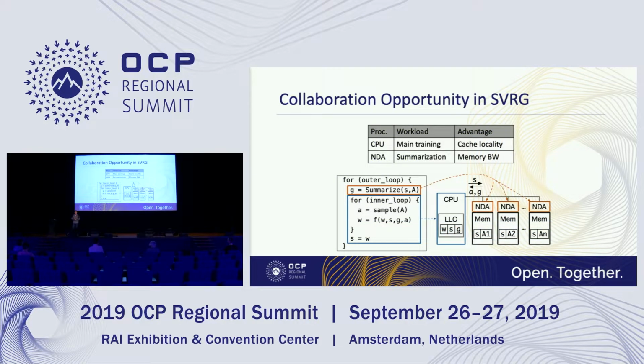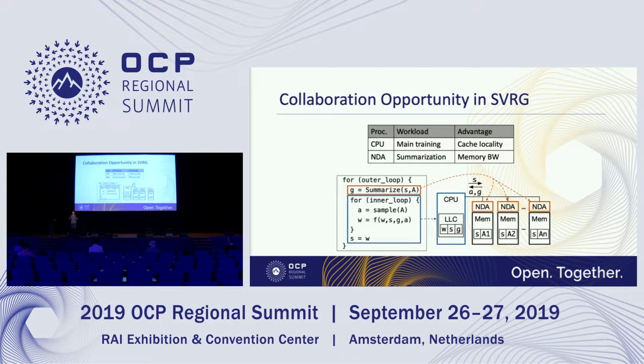And this SVRG is a machine learning optimization technique. To give you a brief explanation, there is a widely used optimization, SGD, the stochastic gradient descent. But SGD samples data and uses this sample for learning weights.